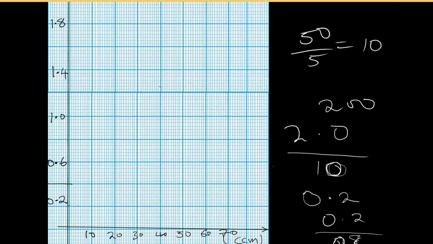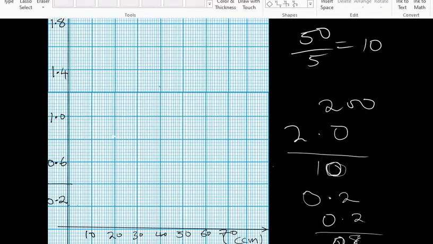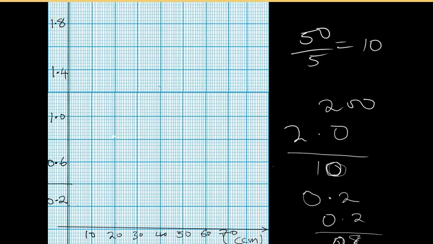So 0.81 is just a tiny line above. I'm gonna trace that up to that point. So at 20, this is 0.8, and 0.81 is just above 0.8.